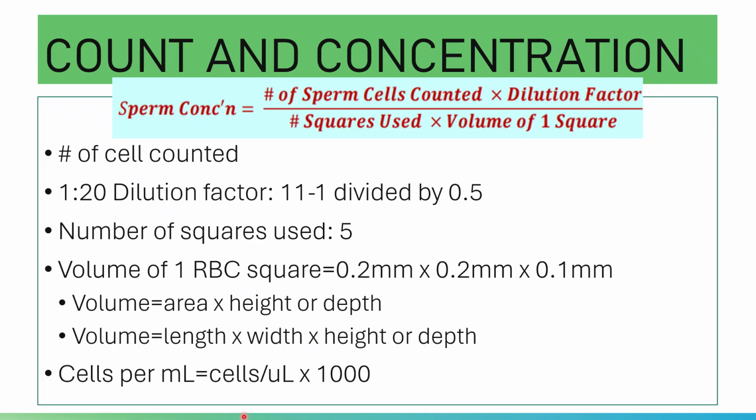Number of squares used: we require 5 small RBC squares. So for squares used, it's 5. And then the volume of 1 square.